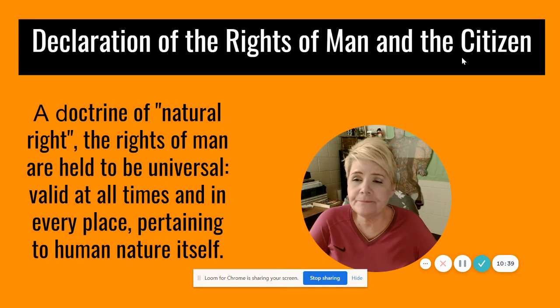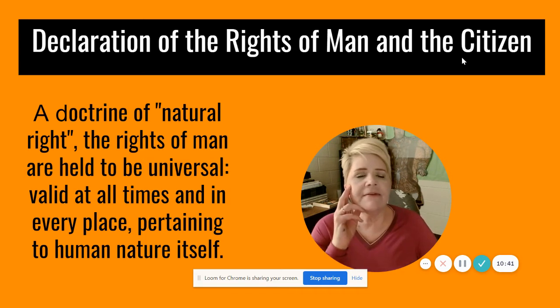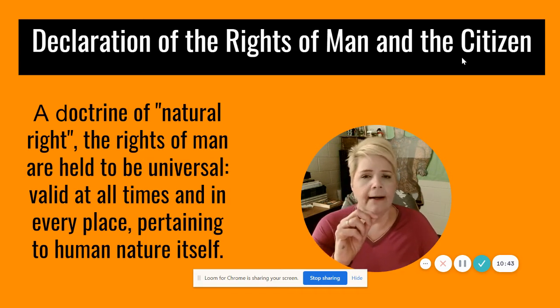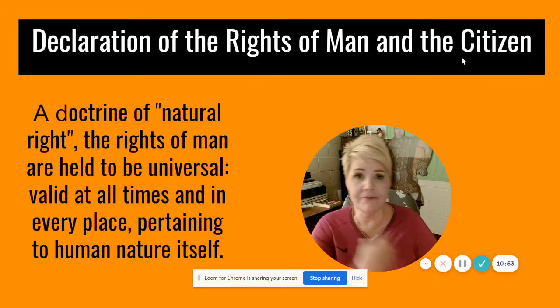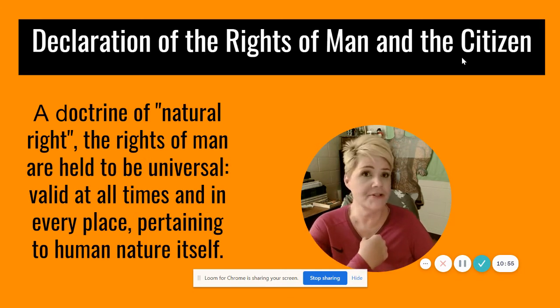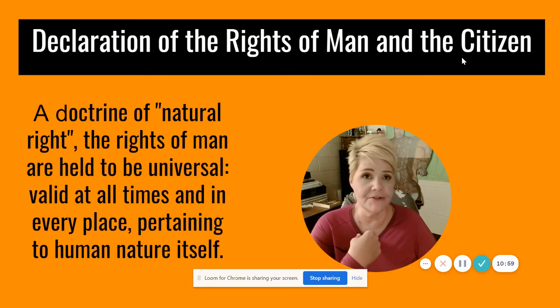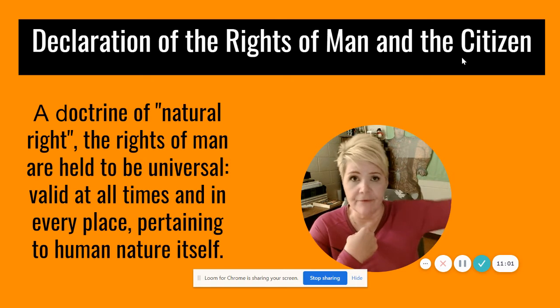The Declaration of Rights of Man and the Citizens. This document is a framework of writing down those rights, okay? Because again, we didn't write them down yet. We're still under the Articles of Confederation, and we're still trying to figure out how to run our country while all this stuff is going on over there.